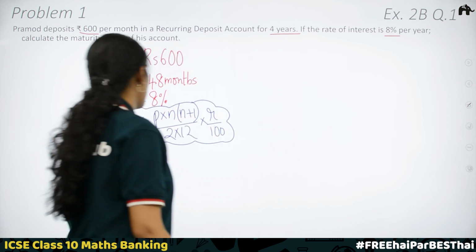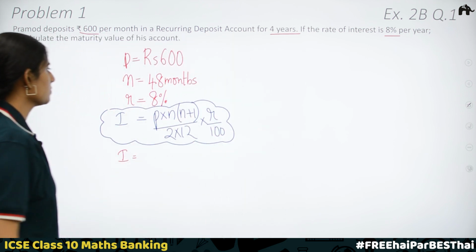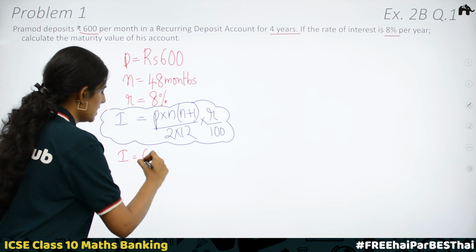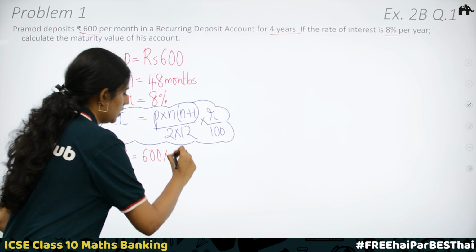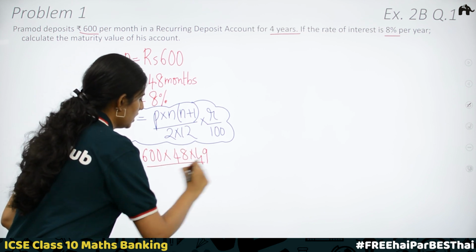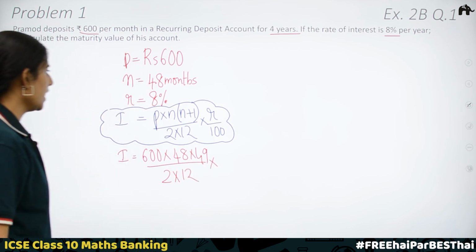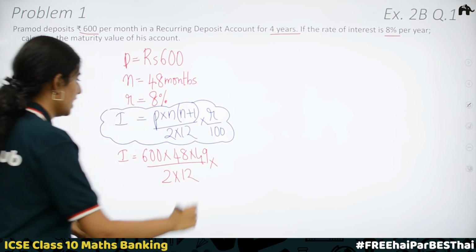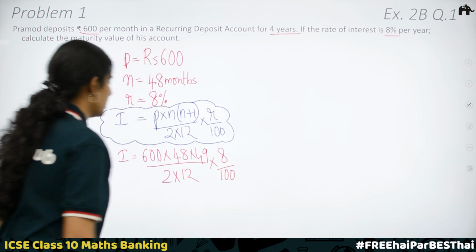Okay, substitute the values. Interest I is equal to P is 600 into n 48, n plus 1 49 divided by 2 into 12 into R by 100. R is given, that is 8, 8 divided by 100.